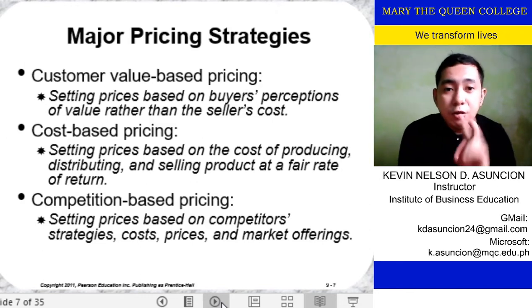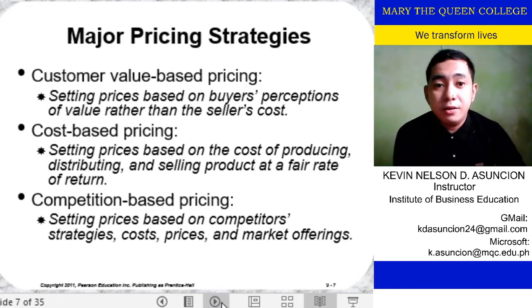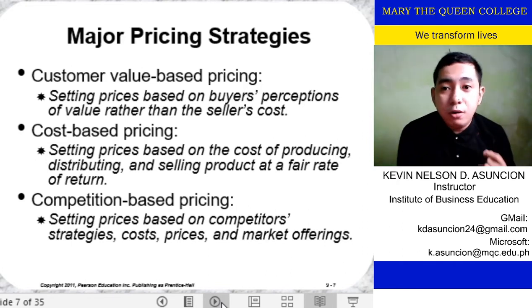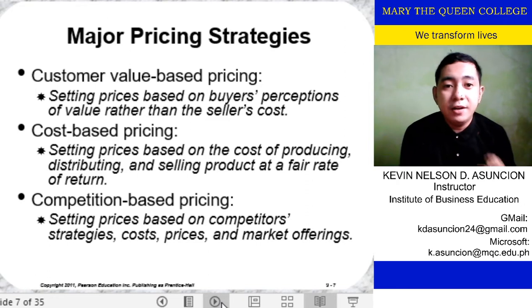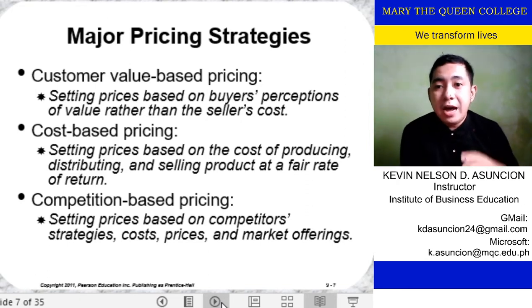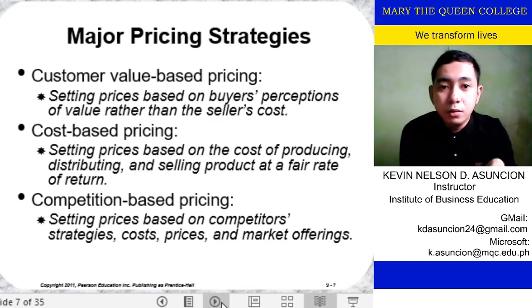Now, we also have what we call cost-based pricing. Ito yung kabaligtaran ng kanina na nabanggit ko lang. Cost-based pricing is setting prices based on the cost of production, distributing, and selling the product at a fair rate of return. So, after computing all of your costs, papatong ka lang ng tubo, that is cost-based pricing.